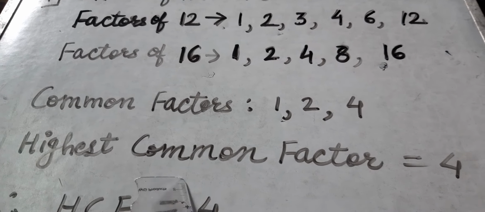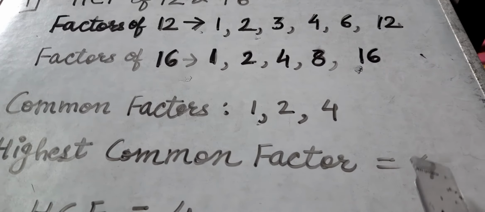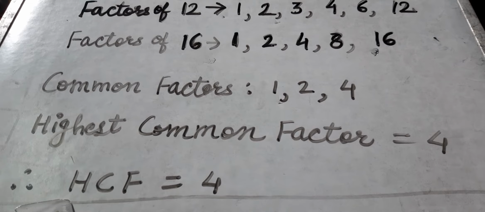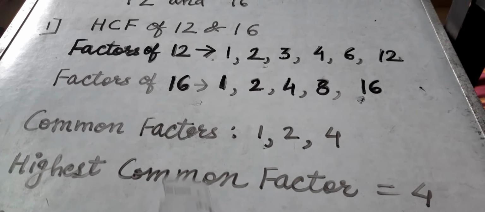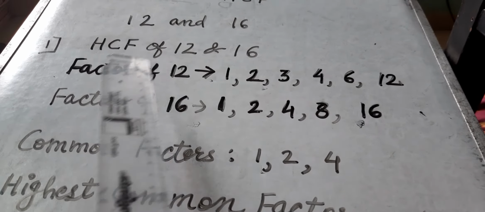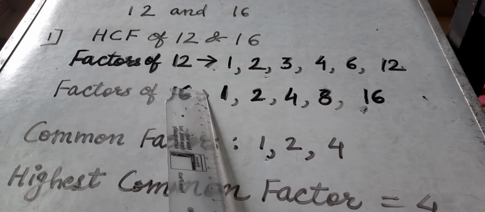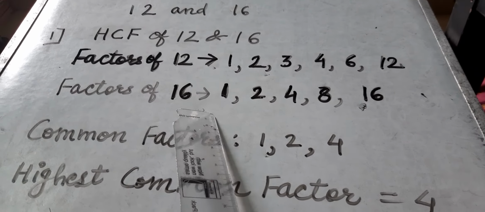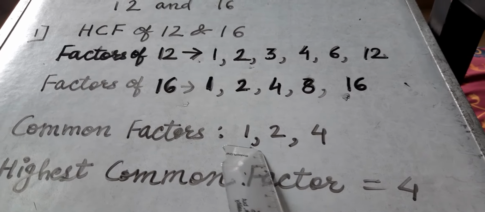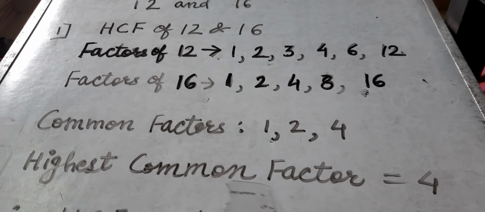So the highest common factor of 12 and 16 is 4. HCF equals 4. So you can find the factors first. After finding the factors, we separate the common factors of both numbers, and after separating we see which one is the greatest. That will be the highest common factor.